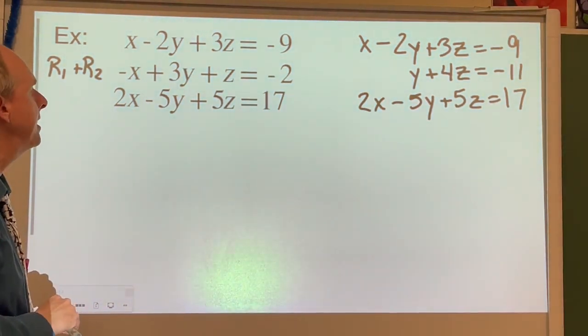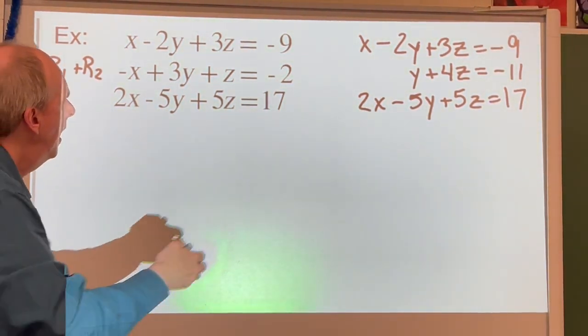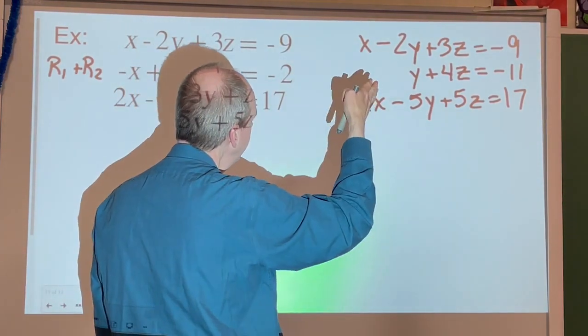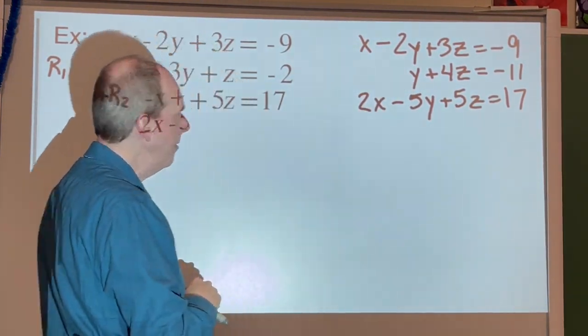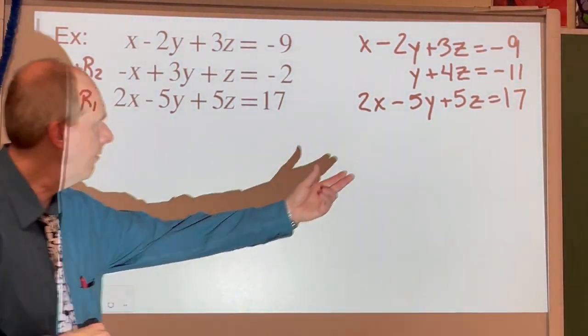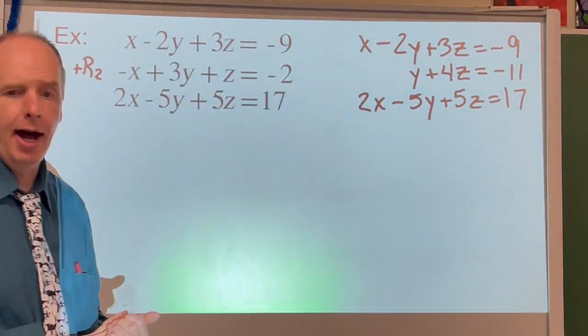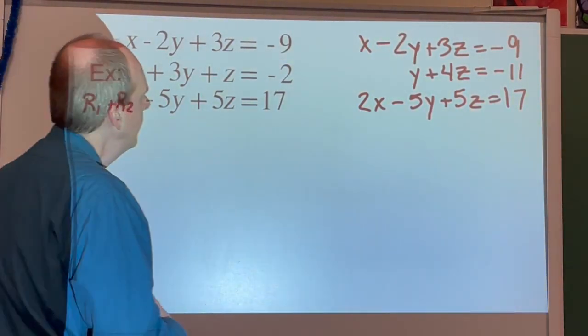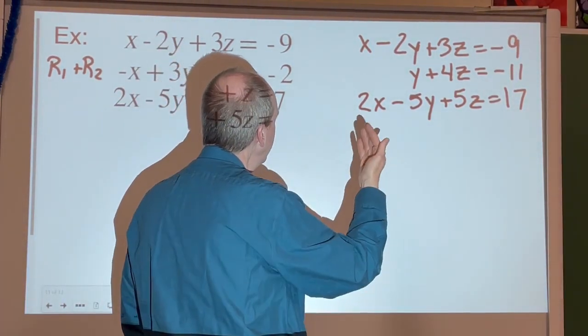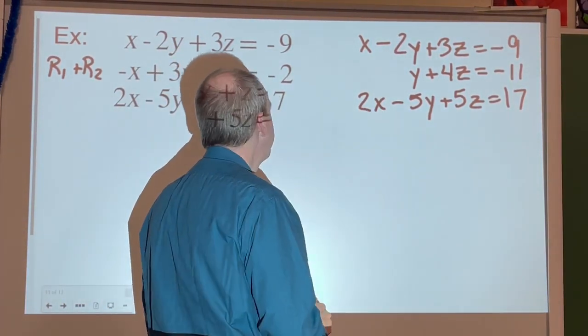Next up, let's see. I've got x all by itself. X is gone. I got y all by itself. I guess my next step is I need to get rid of x and get rid of y and just have z equals a number. So, how can I eliminate this x?